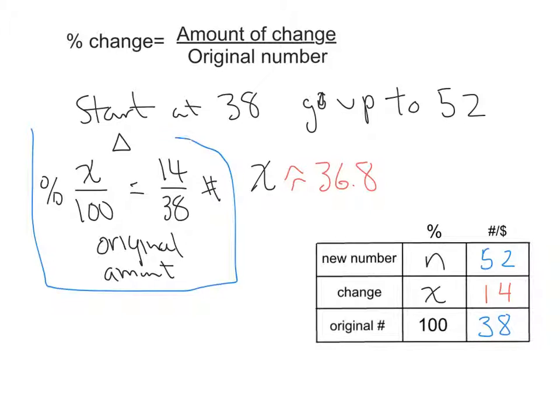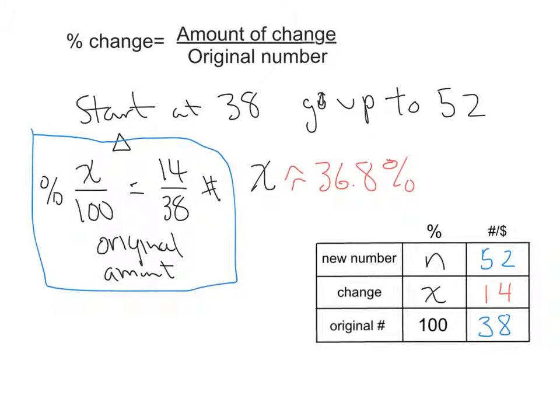This proportion allows you to compare the change to the original amount. So on the left side, you have the change on top and the original amount as a percent basis. And on the right, you have the change over the original amount on the number basis. So 14 out of 38 is what percent, and that allows you to find the percent change. So this would give you an answer of 36.8% approximately, as we've said.